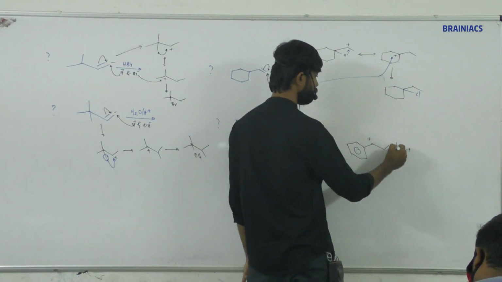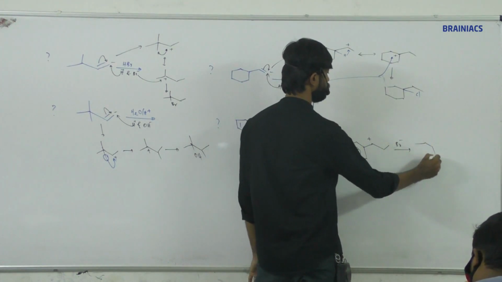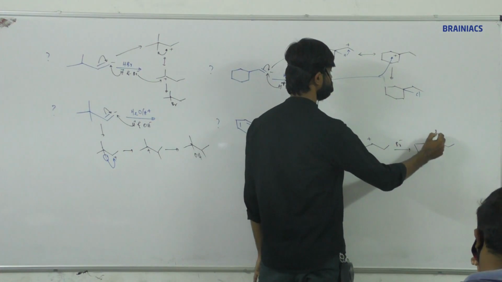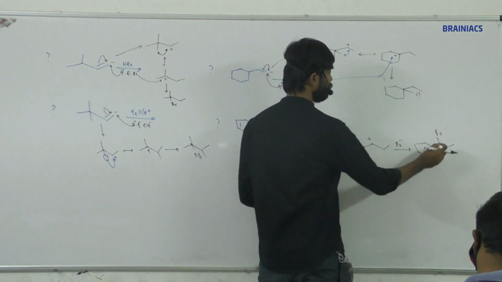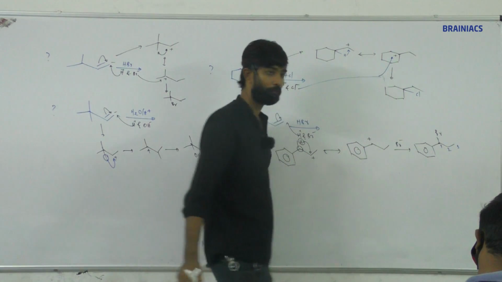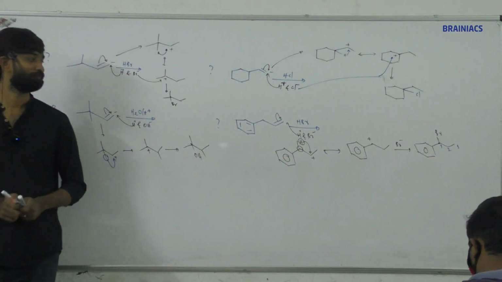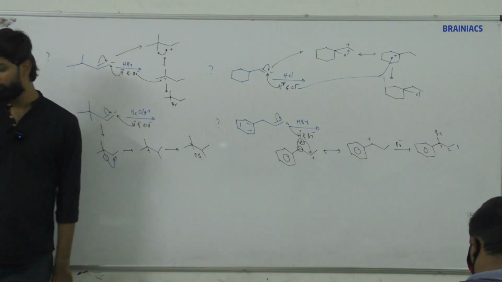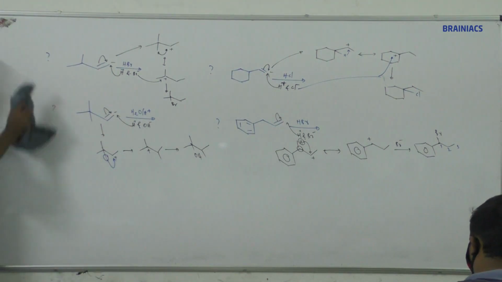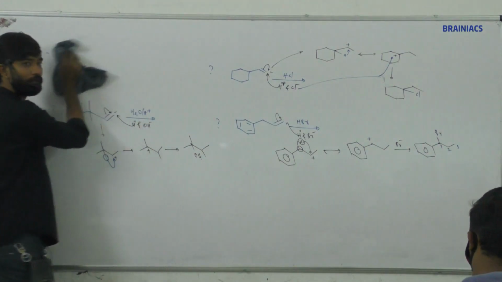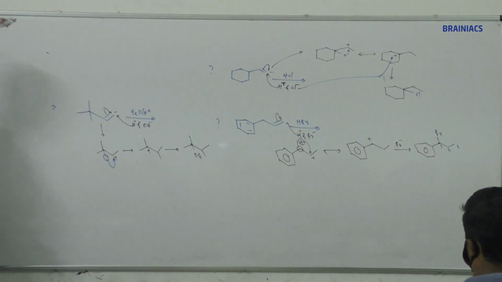Finally, the attack of Br minus to form a molecule like this, which is named 1-bromo-1-phenyl. Fine. Now, examples without rearrangement, which means simple Markovnikov.